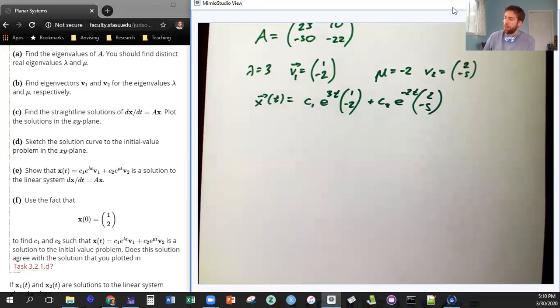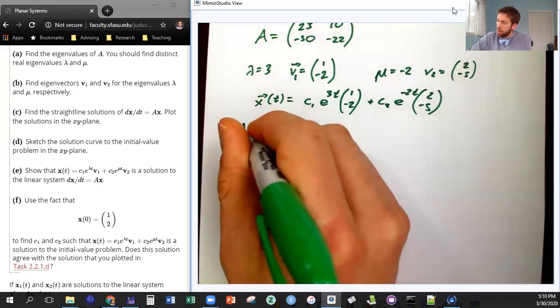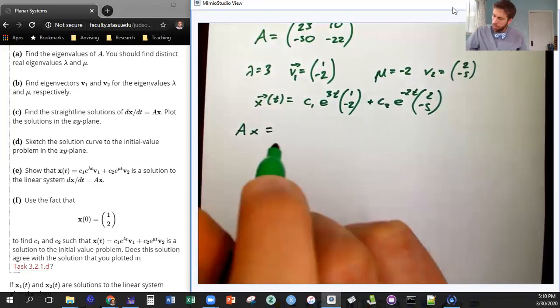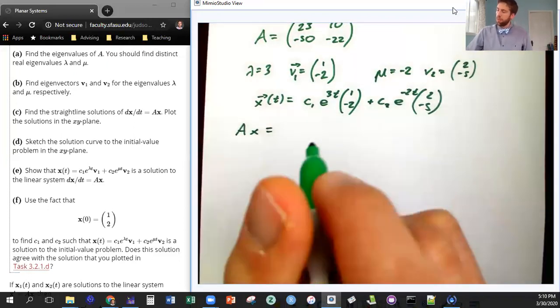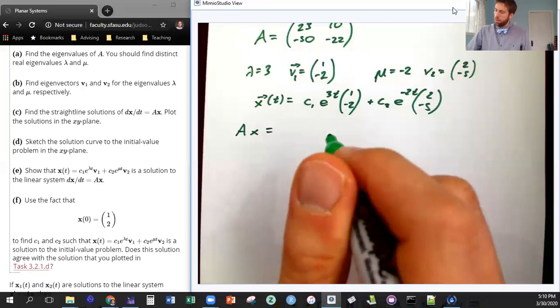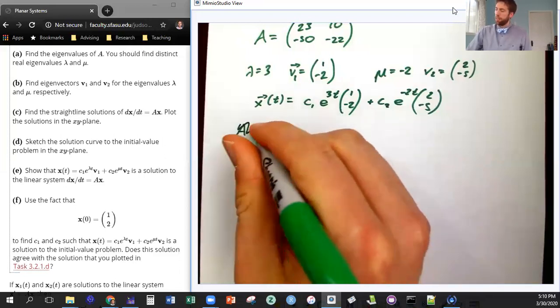Well, let's see. So A times x is going to be equal to, so I should write x as a vector.